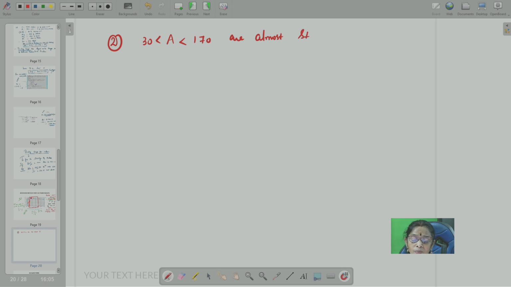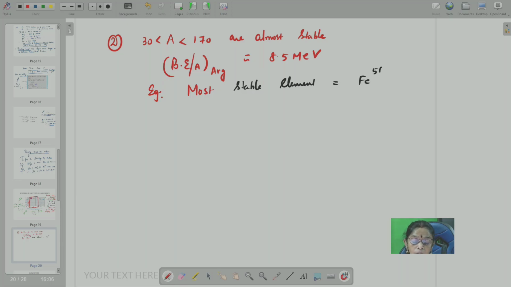The average binding energy per nucleon value comes around to be 8.5 MeV. Hence, you can say that almost all the elements are stable. Example, the most stable element we have already discussed, the most stable element is iron-56, which is equal to 8.8 MeV.